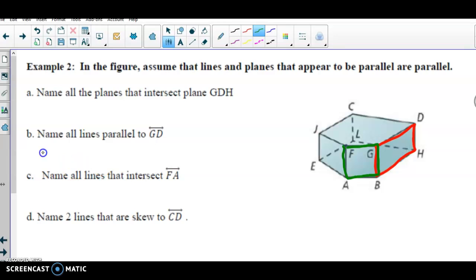So we could say plane FGB. The one on the top is going to intersect it because it's going to touch it right there. I could call it plane CDG.